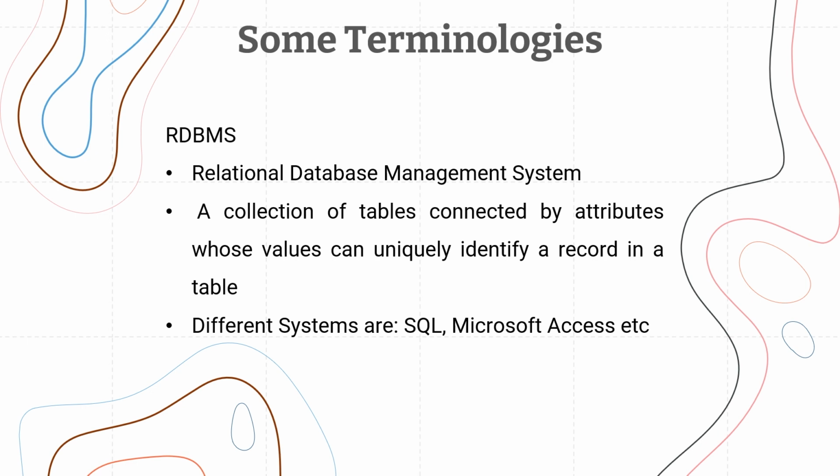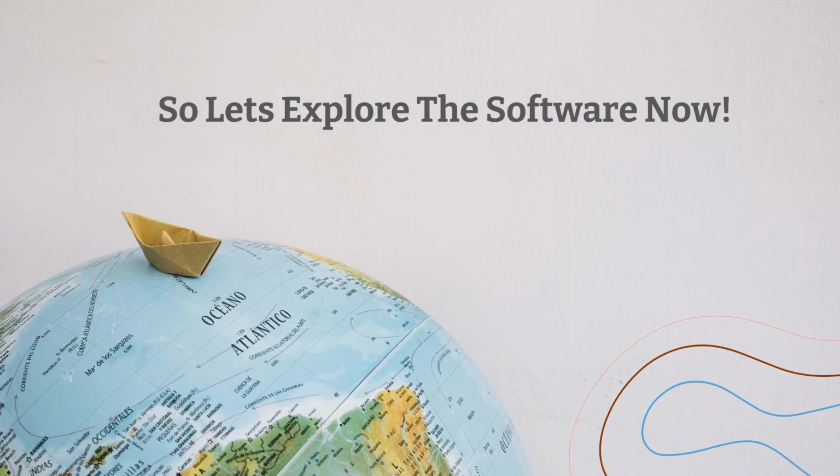Now let's talk about RDBMS, which is Relational Database Management System, an attribute connected table collection uniquely identifying a record in a table. SQL is a common example of RDBMS. As we have learned about the basic terminologies, let's explore the software now.